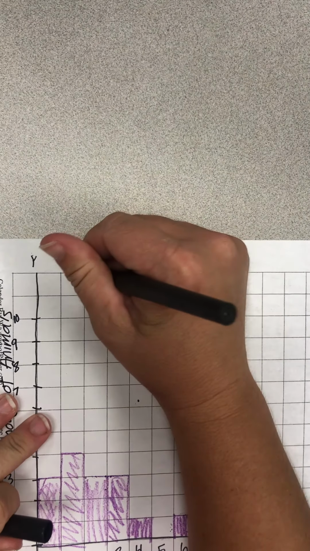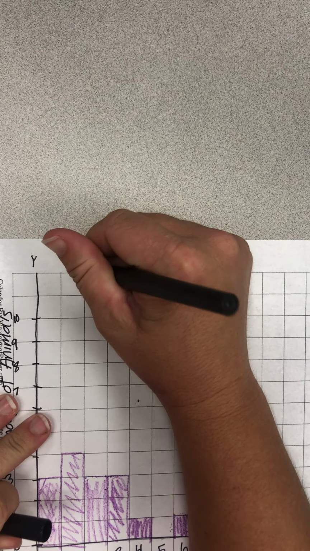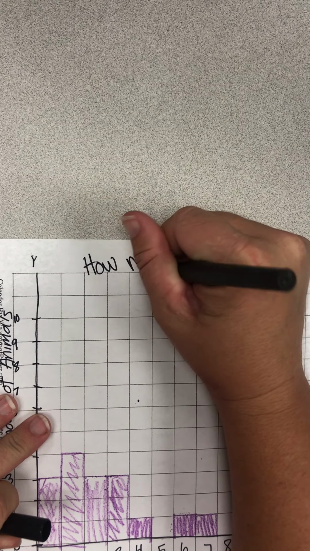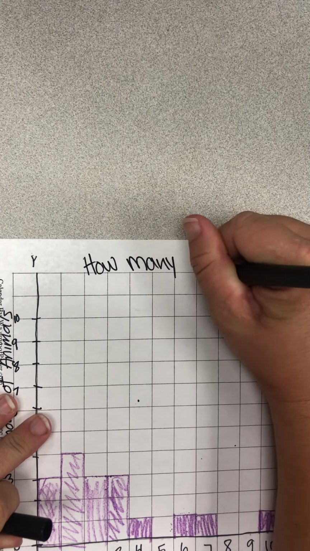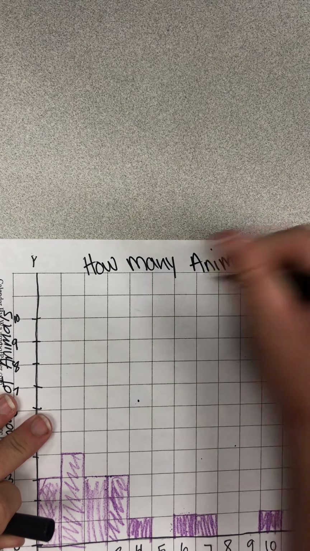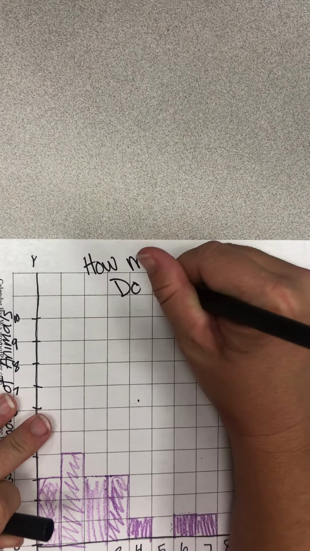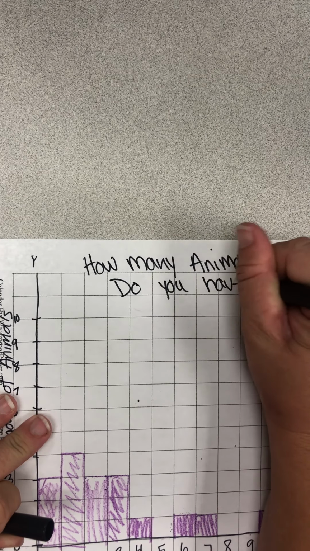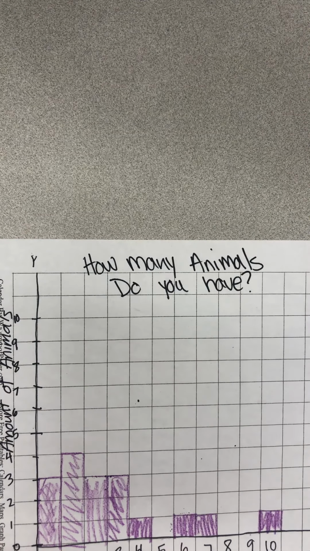We're going to say, how many animals do you have? All right, so that is my bar graph.